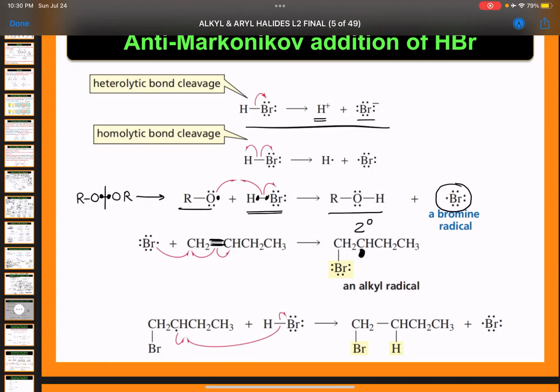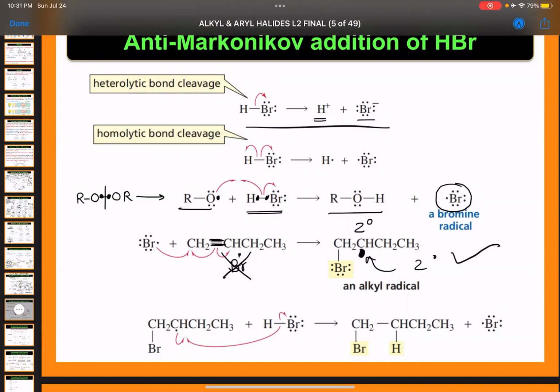The Br radical will attack the double bond and join itself such that a more stable secondary radical is formed. It is not going to come inside. If the Br radical came inside, the radical would form outside. That is not going to be stable.